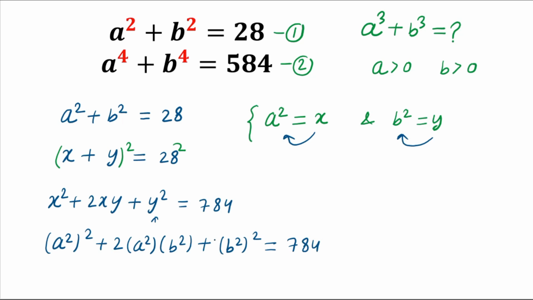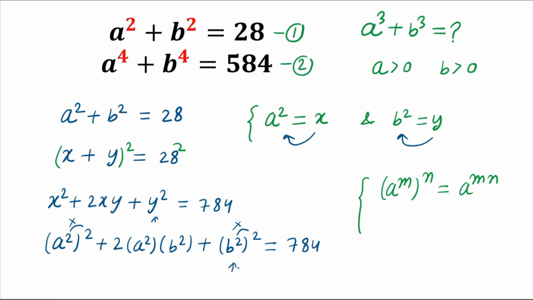784. Now we know the base and exponent rule, (a power m) power n equals a power m times n. If we apply this rule, then 2 and 2 are multiplied, and 2 and 2 are multiplied.